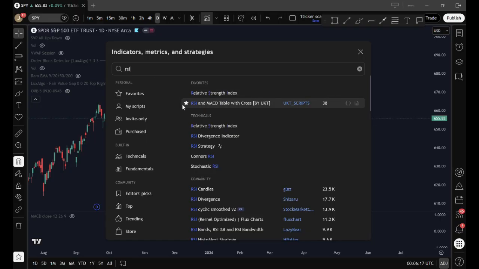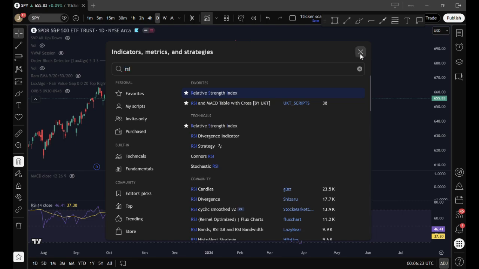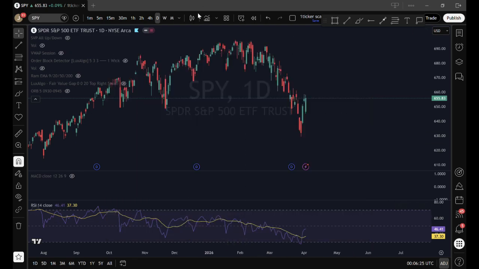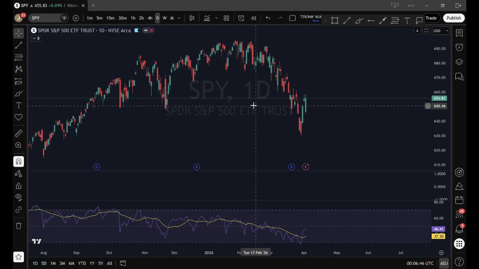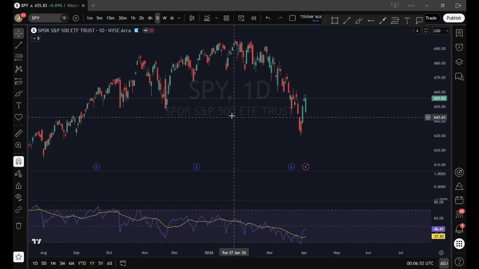And if you don't have a star right there, click your star so it's in your favorites. Then you just click it and then you have it. I'll keep it simple. You don't need 10 or 20 indicators stacked on top of each other.